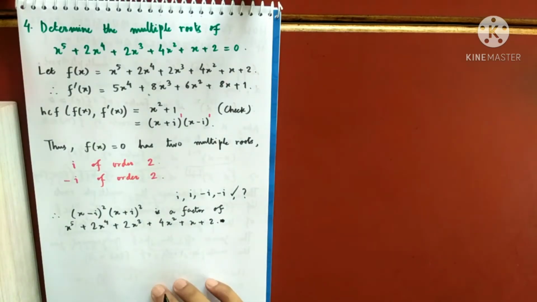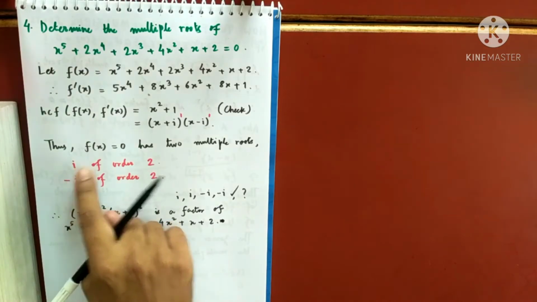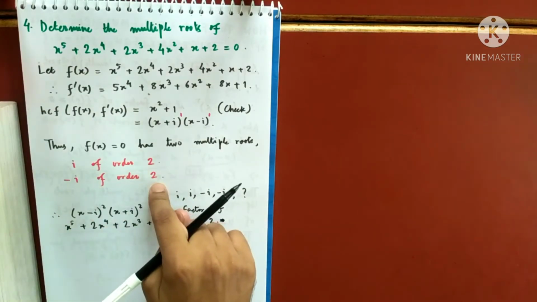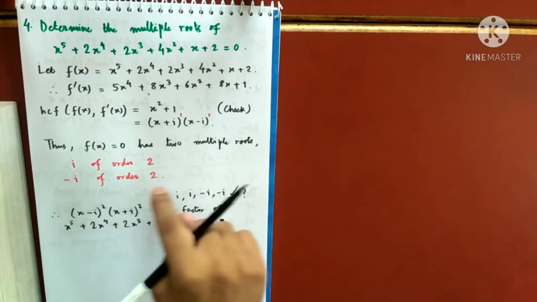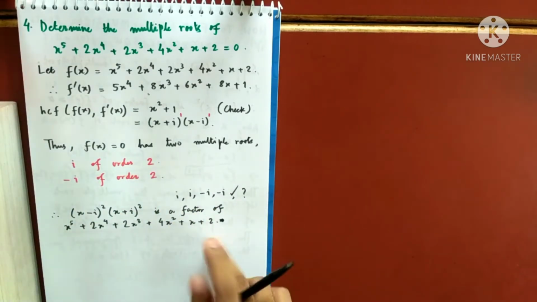Because this is a root of order 2 and this is a root of order 2, (x minus i) whole square and (x plus i) whole square is a factor.